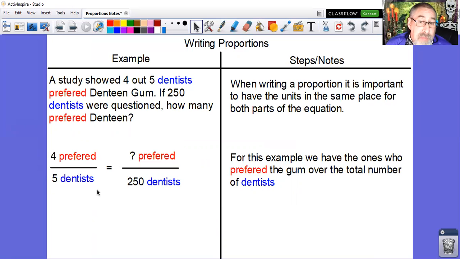Now we could have written the dentists on top and preferred on the bottom. It's not going to matter in the end which one goes on top, as long as they are in the same position on both sides of the equal sign. So these have to be in the same place on both sides of the equal sign.